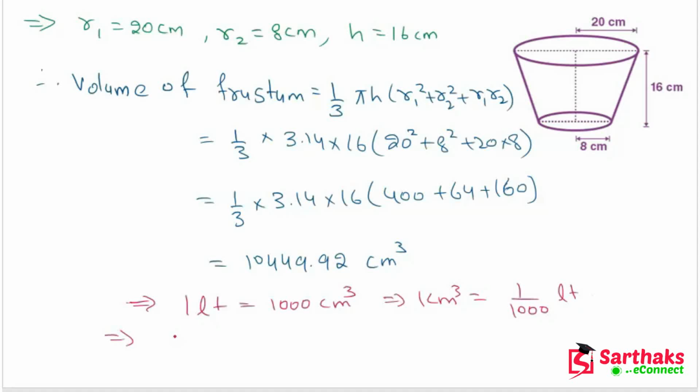So 10449.92 centimeter cube is equal to 10449.92 divided by 1000. The point will shift, so we get 10.449, and this will become approximately 10.45 liter.